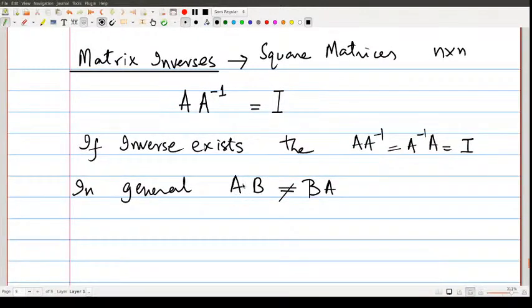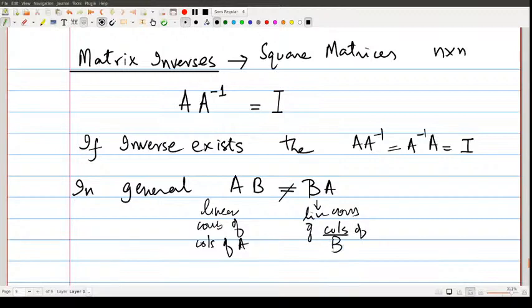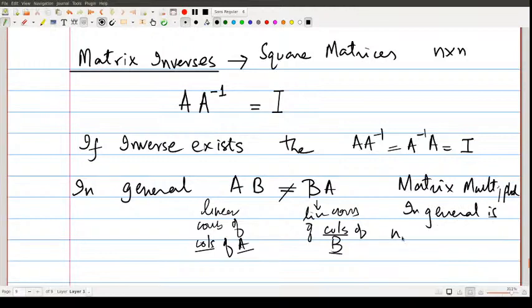If you view it as a linear combination of the columns of A, then this is a linear combination of columns of A, but the other is a linear combination of columns of B. So these are not in general going to be equal. So we say that matrix multiplication in general is not commutative.